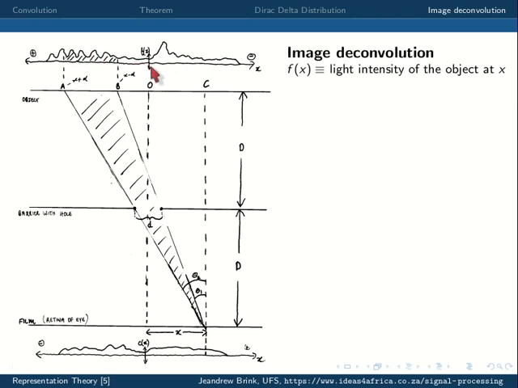We're going to start doing 2D examples when we work with images, but this is just to get the idea. So f of x gives us the light intensity, and then we have a camera over here, either a film or the retina of an eye or a CCD camera, and on this we record the light that comes to our eye.